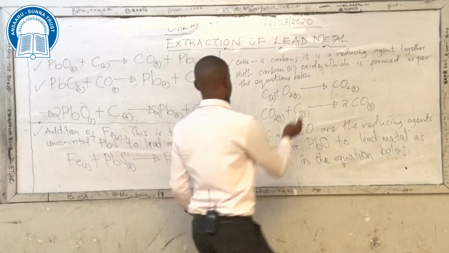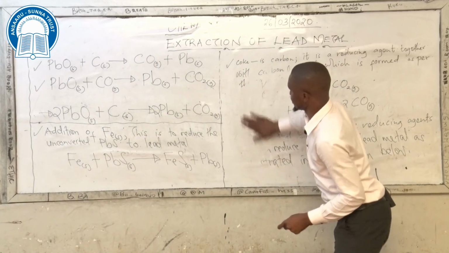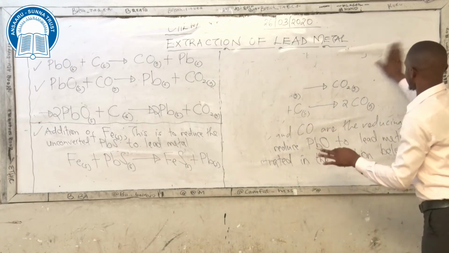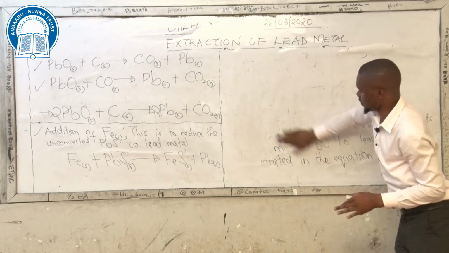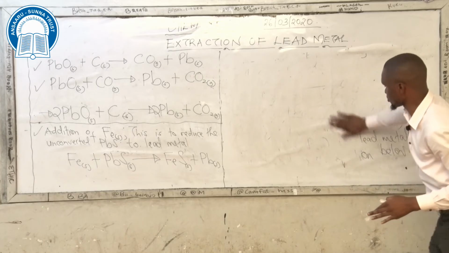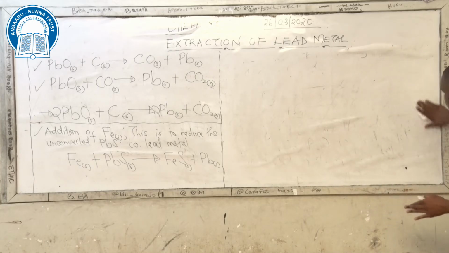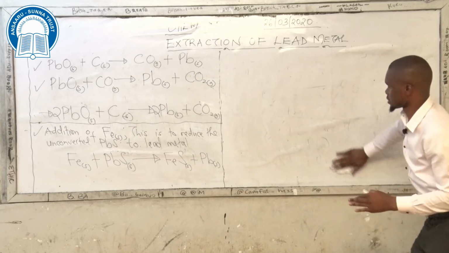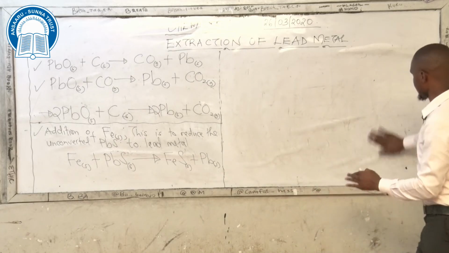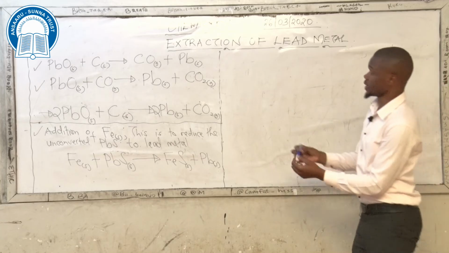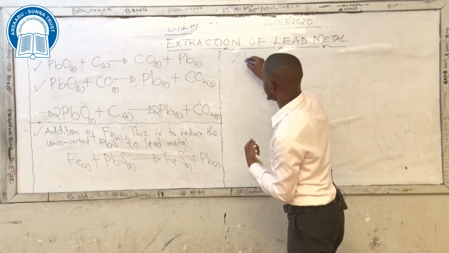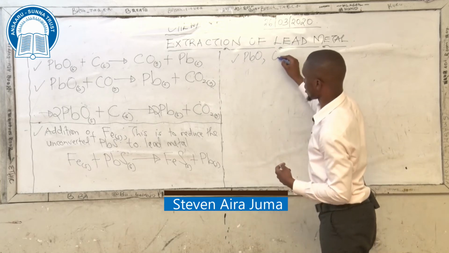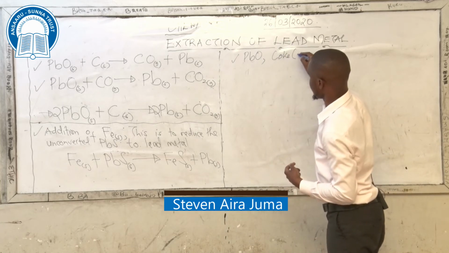Now, in the blast furnace, three things were fed into the furnace. One of the things that was fed into the furnace was the oxide, which we have discussed. Apart from lead oxide, we also fed coke, which I've said is carbon.